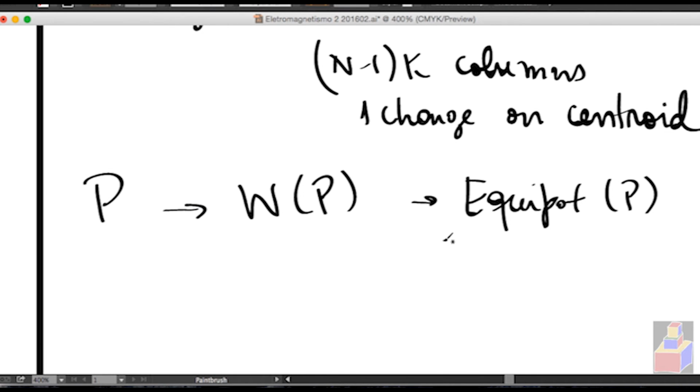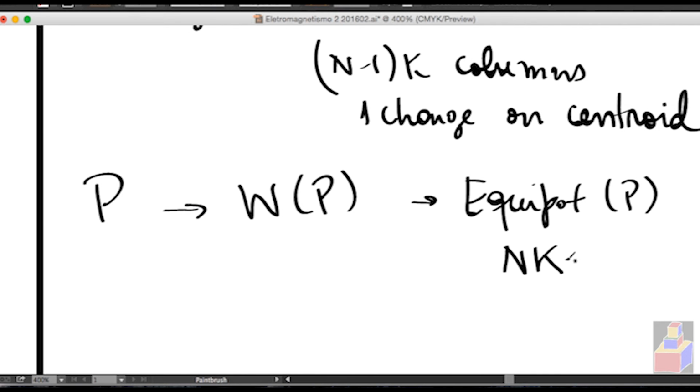Which is going to be approximately n times k equipotential lines, nk. Each equipotential line has a lot of numbers, so it's a long vector. Okay? And you plot the second column against the first column.